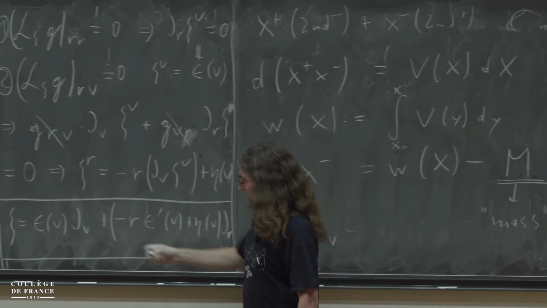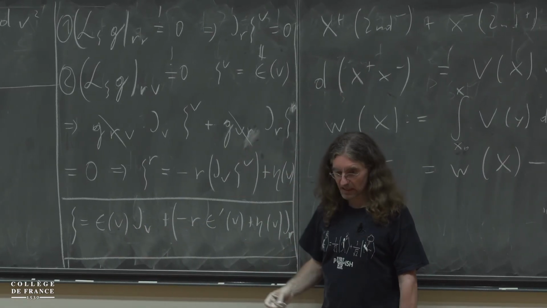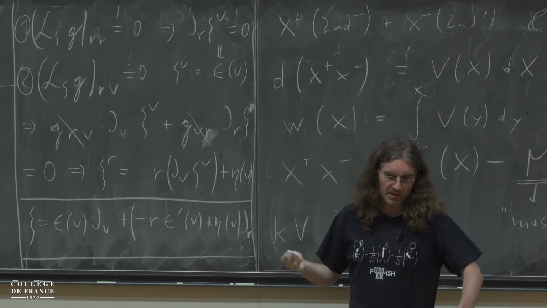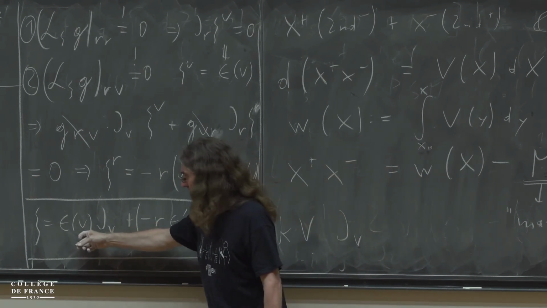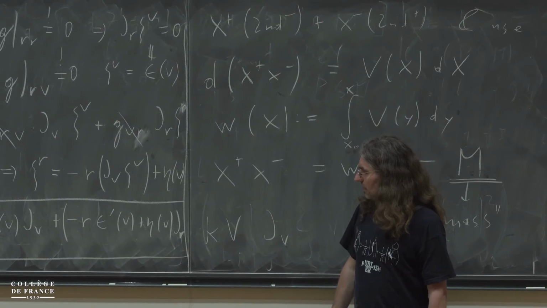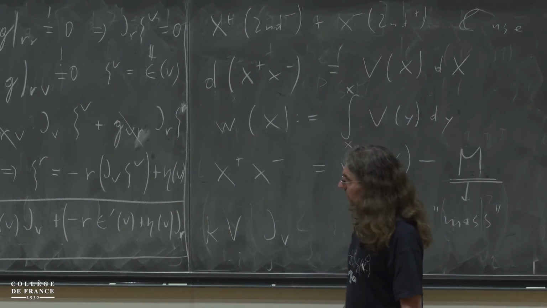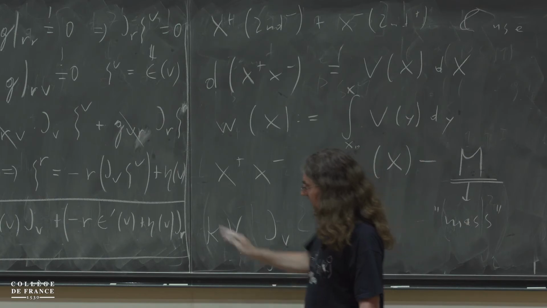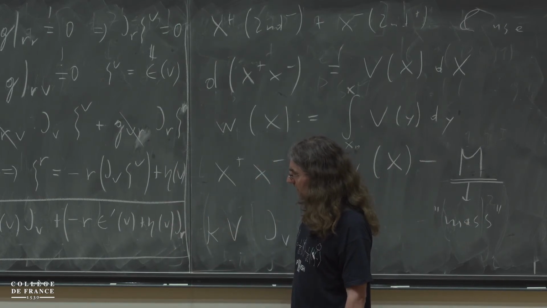And that means we have 2 functions worth of asymptotic killing vectors. So we have infinitely many killing vectors because there are infinitely many functions epsilon of v and eta of v that you can choose. So that's a very simple example where you find infinite dimensional asymptotic symmetries.